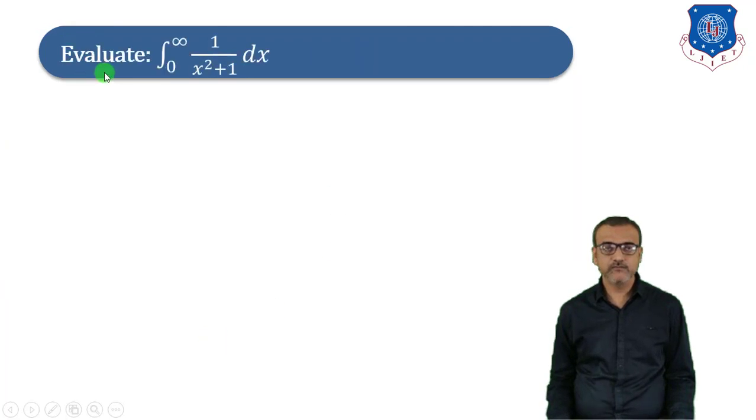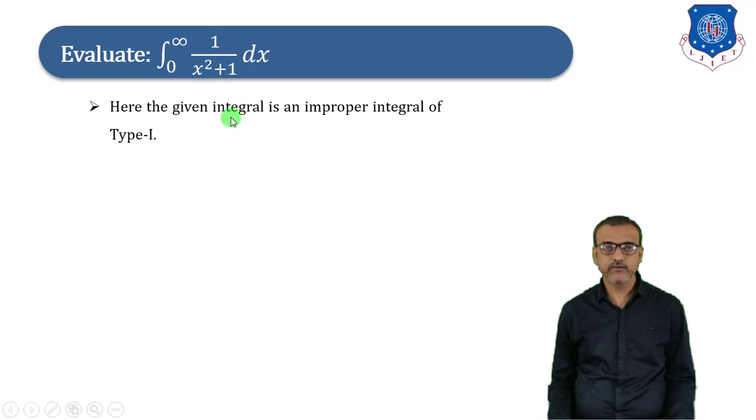Now we have problems related to these topics. Evaluate integration from 0 to infinity of 1 upon x square plus 1 dx. Here the given integral is an improper integral of type 1 because one limit, which is the upper limit, is infinite.